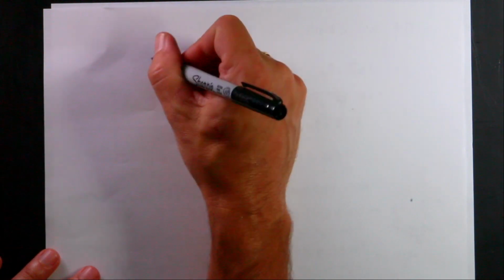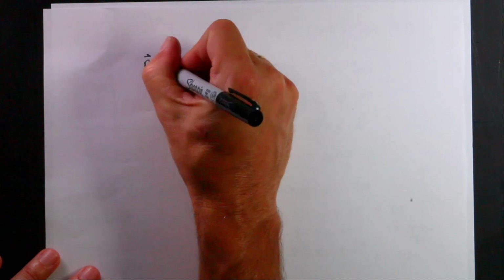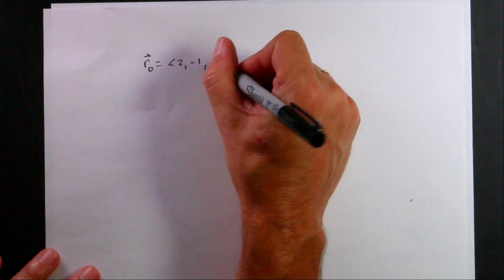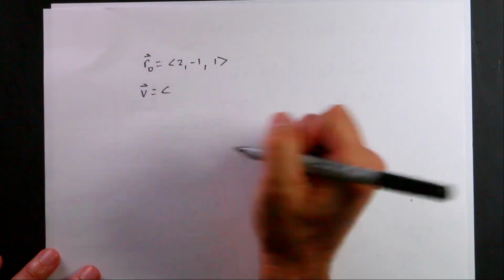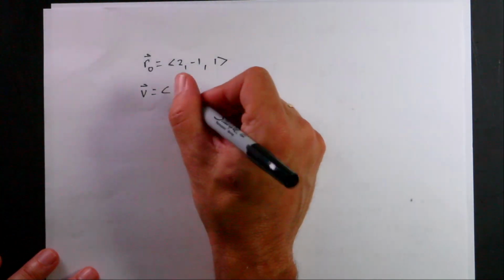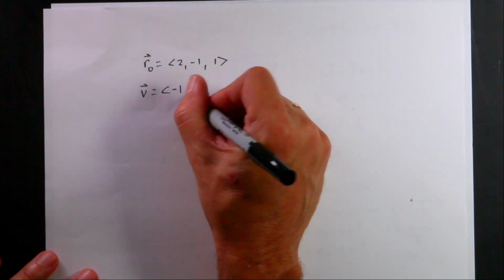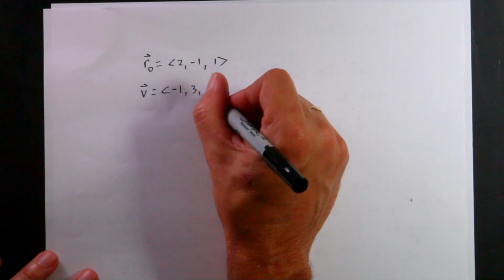Okay, so here I have, let's say R0 equals 2, -1, 1. And then v is going to be equal to, it's hard to make up numbers sometimes, let's say -1, 3, 2.